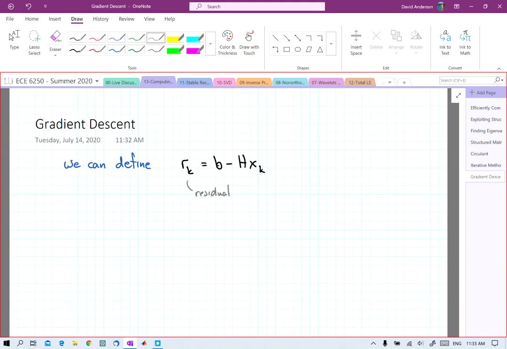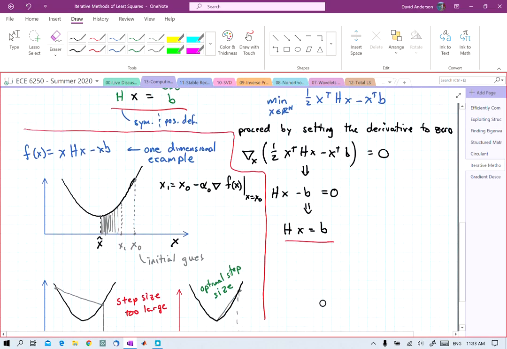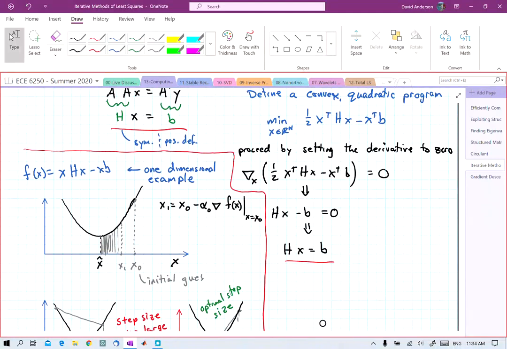So, first off, I need to go back and take a look at this other page here. What is the gradient of our 1/2 x transpose Hx minus x transpose b? The gradient itself is this. No, I'm sorry, one line up. This, without the 0.